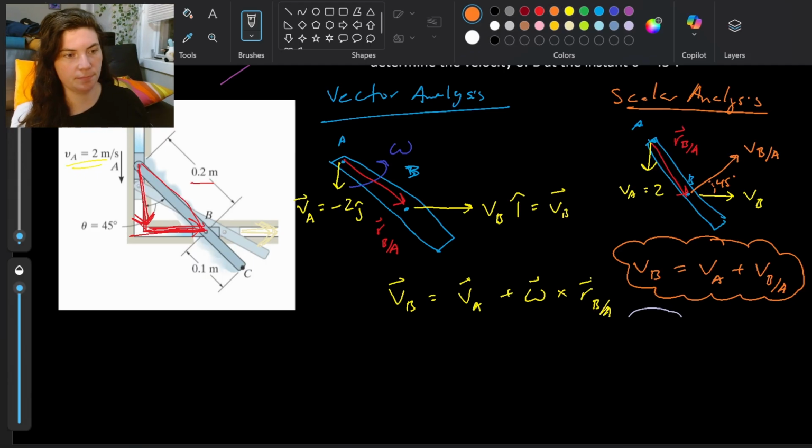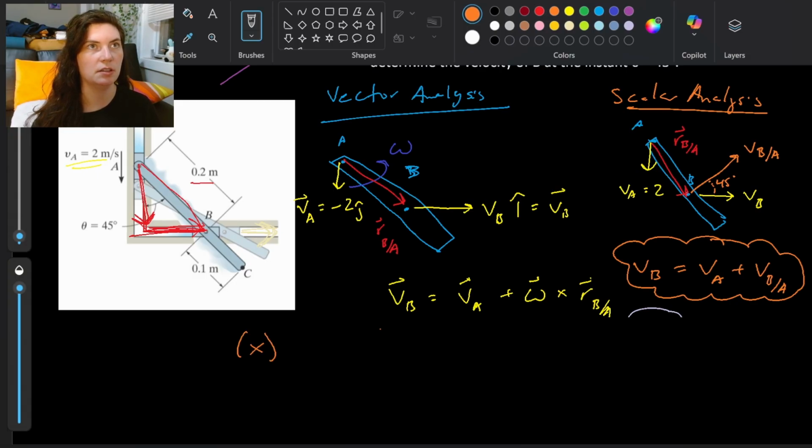All right, so we look at all of our x components here. Does VB have an x component? Yes, VB is entirely x component. So we have VB equals, does VA have any x components? Nope, VA is entirely in the y direction, so there's no x components for VA.